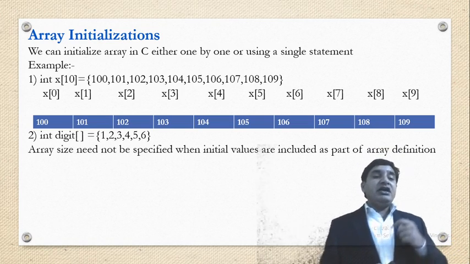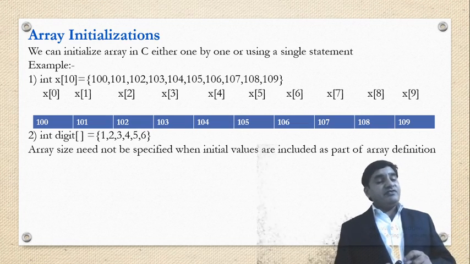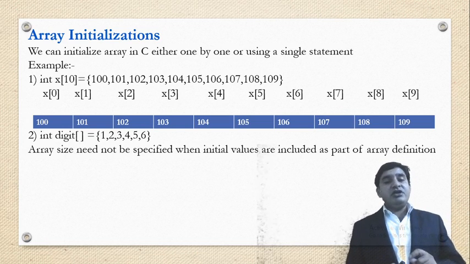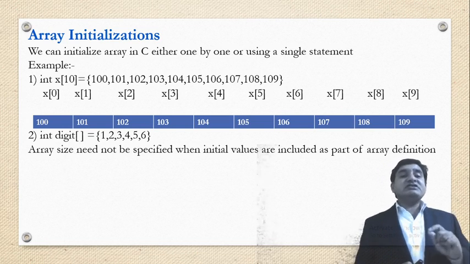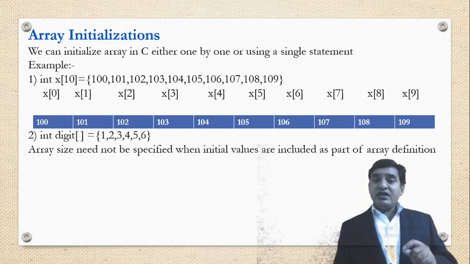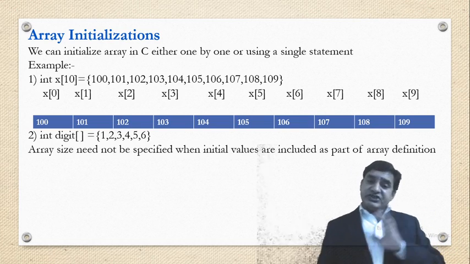Second example, int digit[]. The data type is integer, and digit is the name of the variable. The size of the array is not given, but the elements are given: 1, 2, 3, 4, 5, 6.